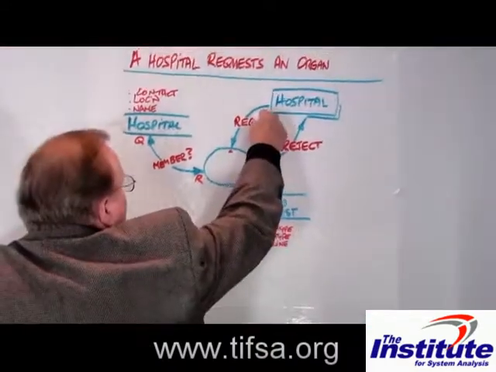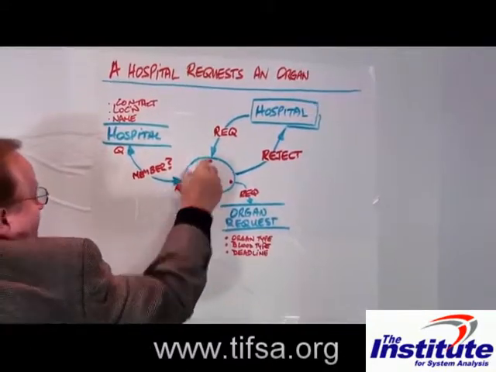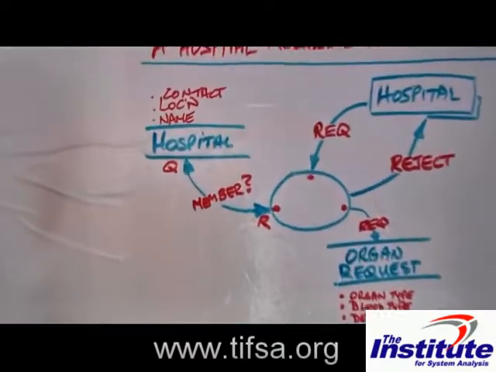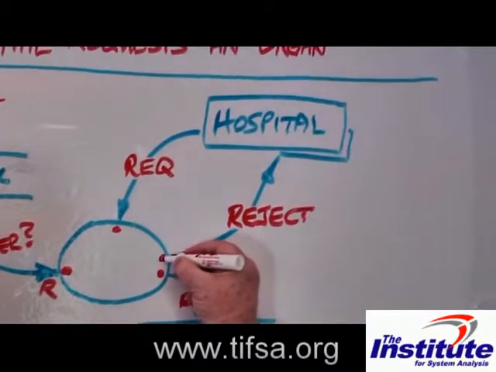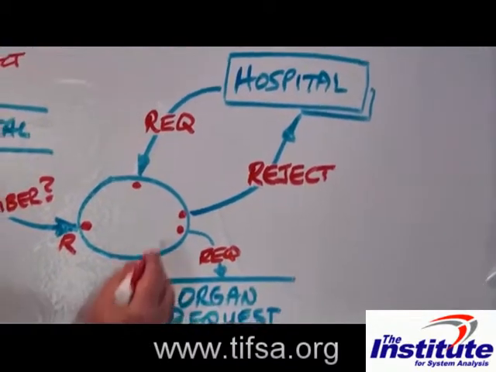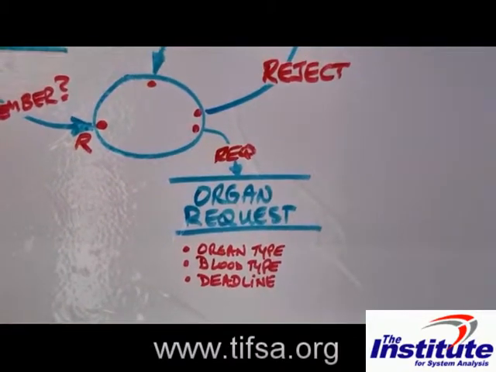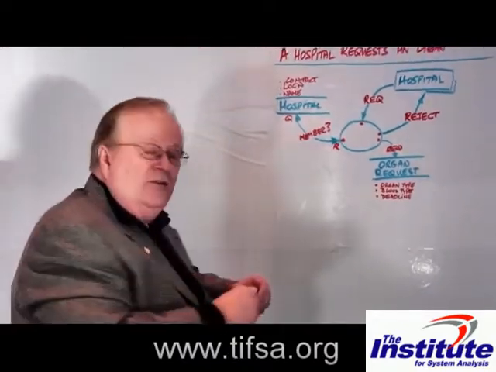So I can say, receive a request from a hospital. Determine if the hospital is a member. If it is not a member, reject the request. If it is a member, record the request. And that's all there's to it. So we would write what I just said. We'd write that narrative. It's pretty straightforward.